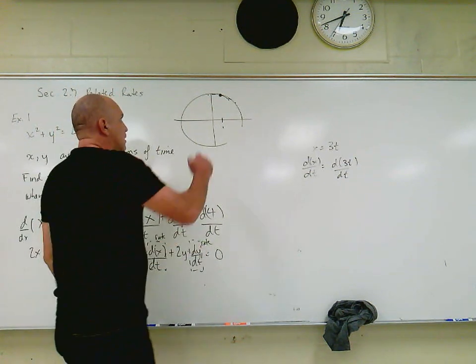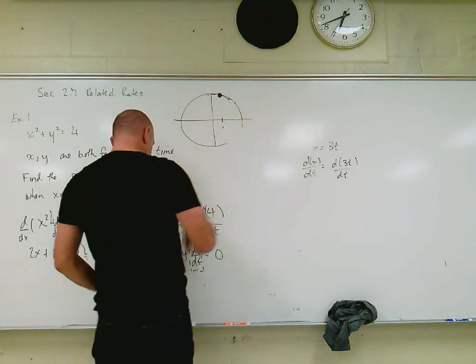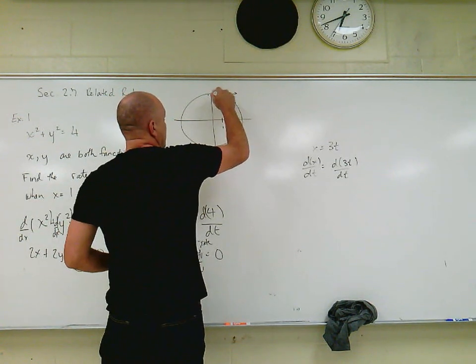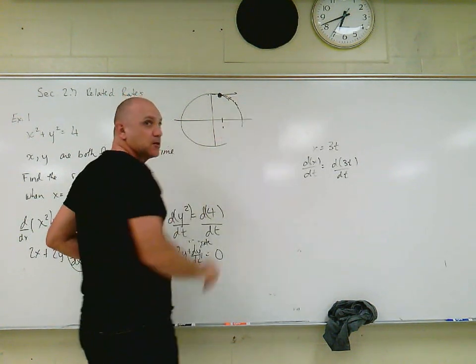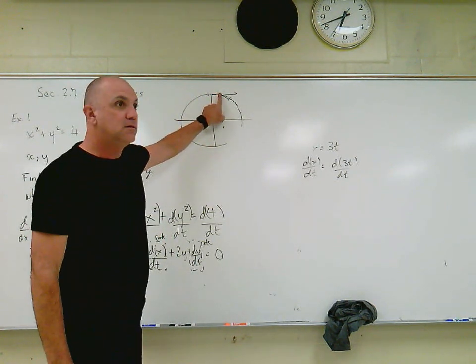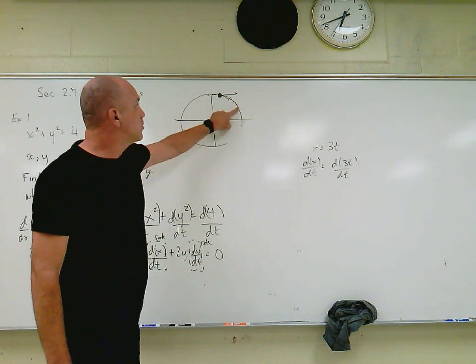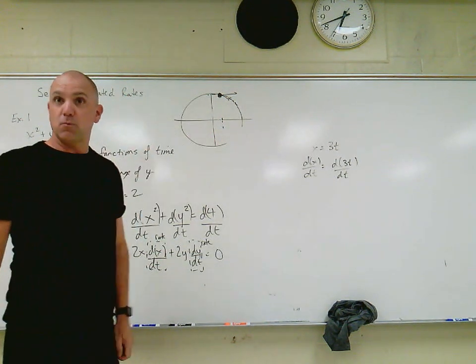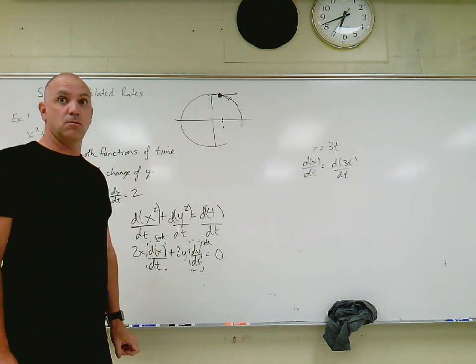Look at this point. If dx over dt is positive, that means the point's going this direction. So if the point's going in this direction at 1, what's happening to the y? Is y going up or y going down? We should see that in our answer.